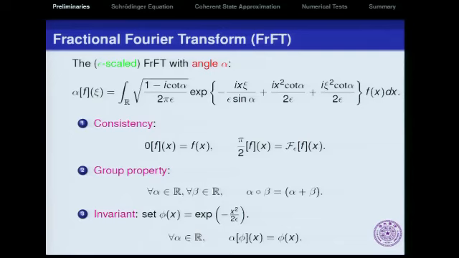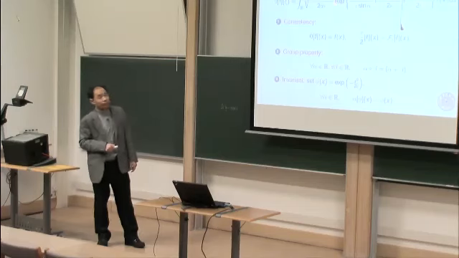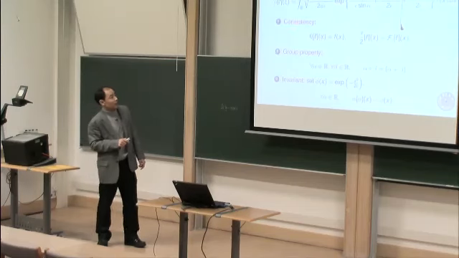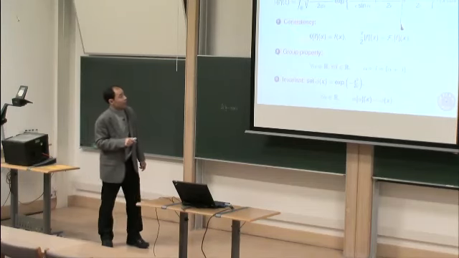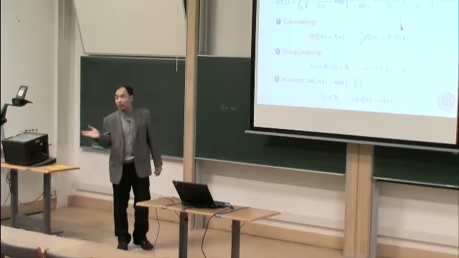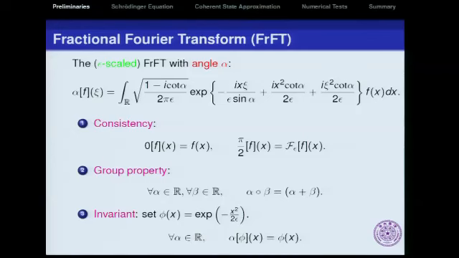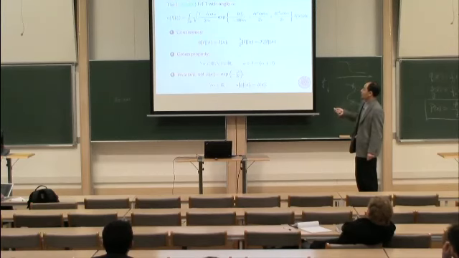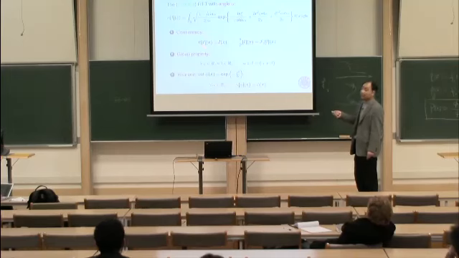And here I listed some basic properties of this fractional Fourier transform. First, I call it the consistency. When the angle is 0, that means you do not rotate the phase space. You do not do anything, then this fractional Fourier transform operator is just the identity operator.